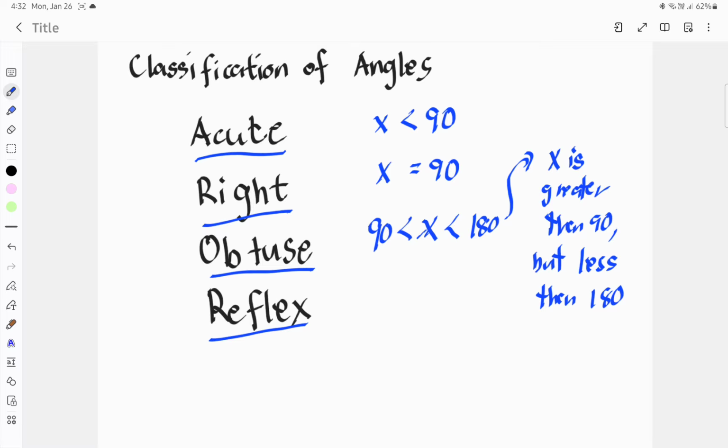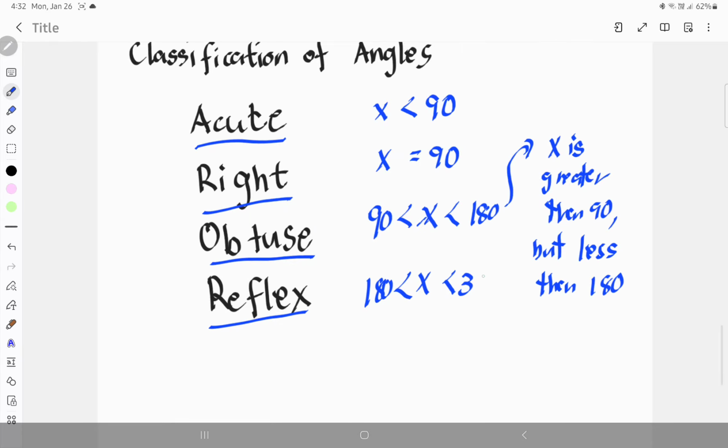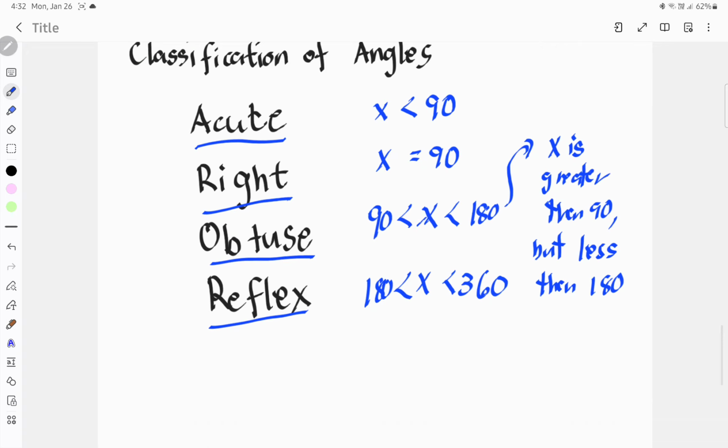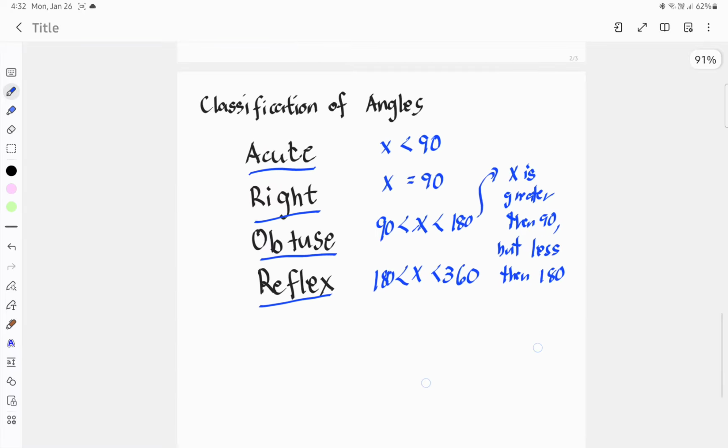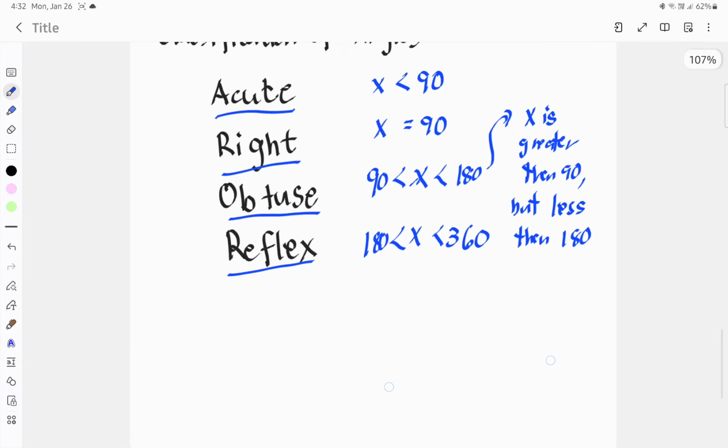However, in non-Euclidean geometry, we have x greater than 180 but less than 360. We'll work that out. In some other definitions, it's just greater than 180. That's how you define the classification of angles.